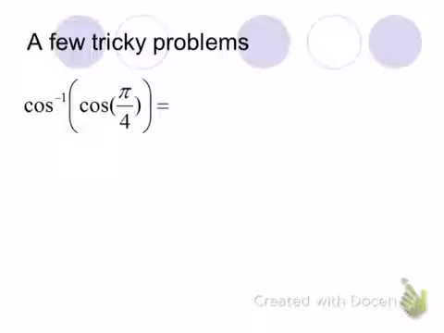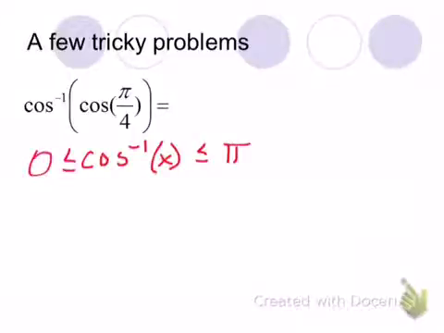Now, here's the problem. This first one is pretty easy. Where's the inverse cosine restricted to? Let's remind ourselves of that. It's between 0 and pi. Is this angle between 0 and pi?